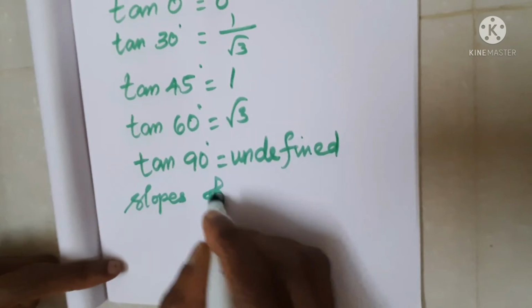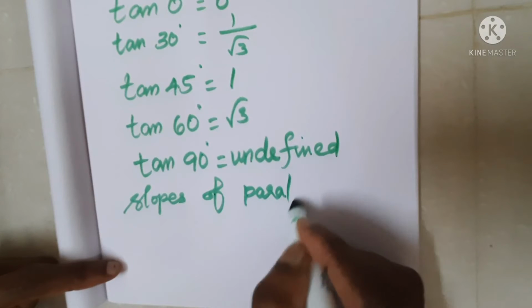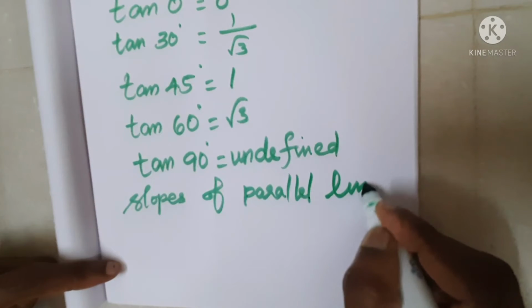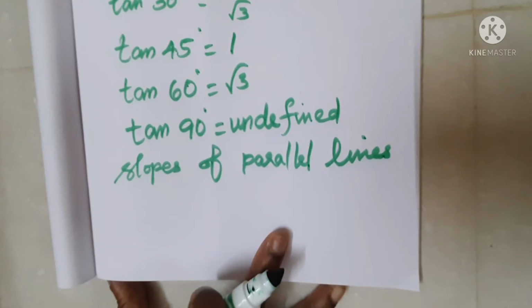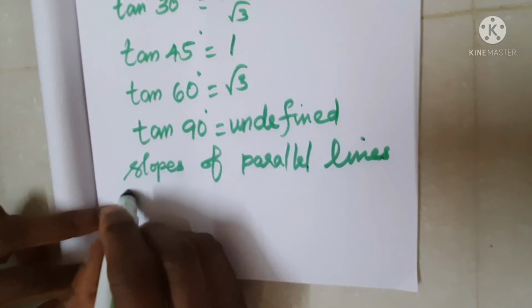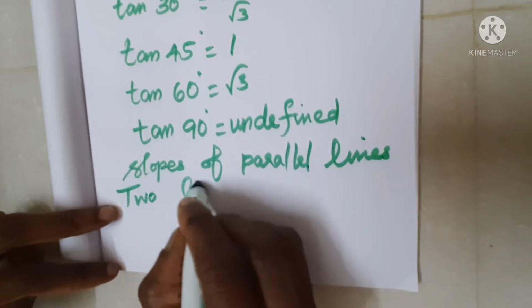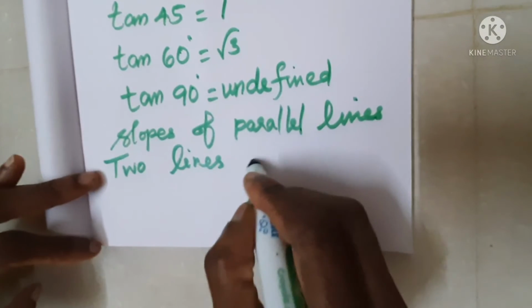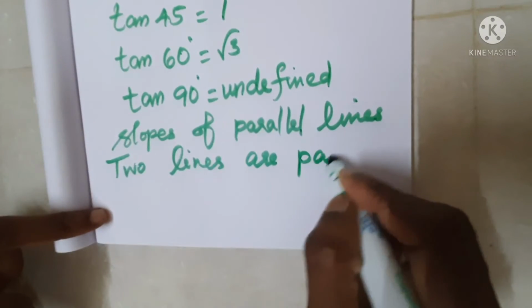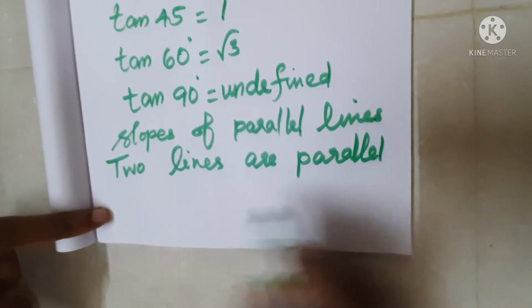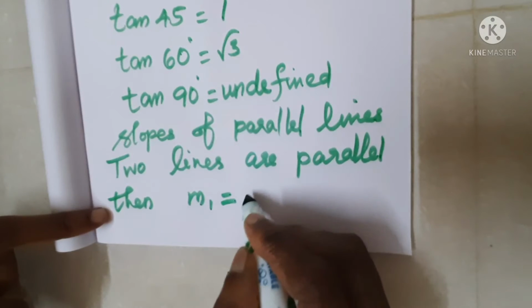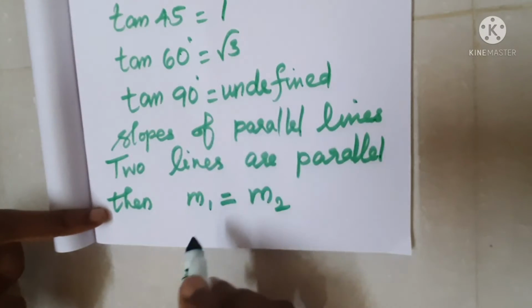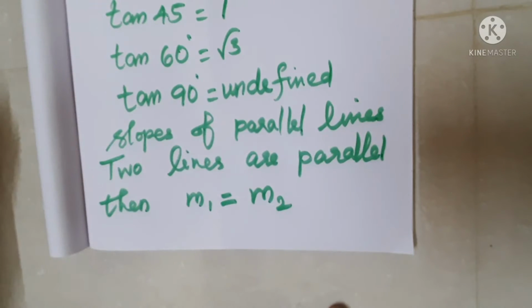Two lines are said to be parallel when their slopes are equal. If two lines are parallel, then m1 is equal to m2. You take one line as m1 and another line as m2.